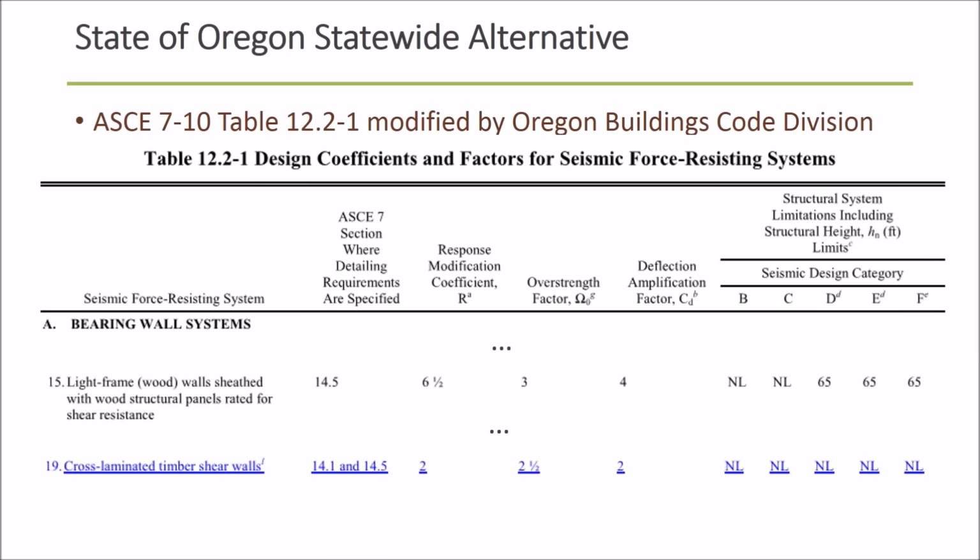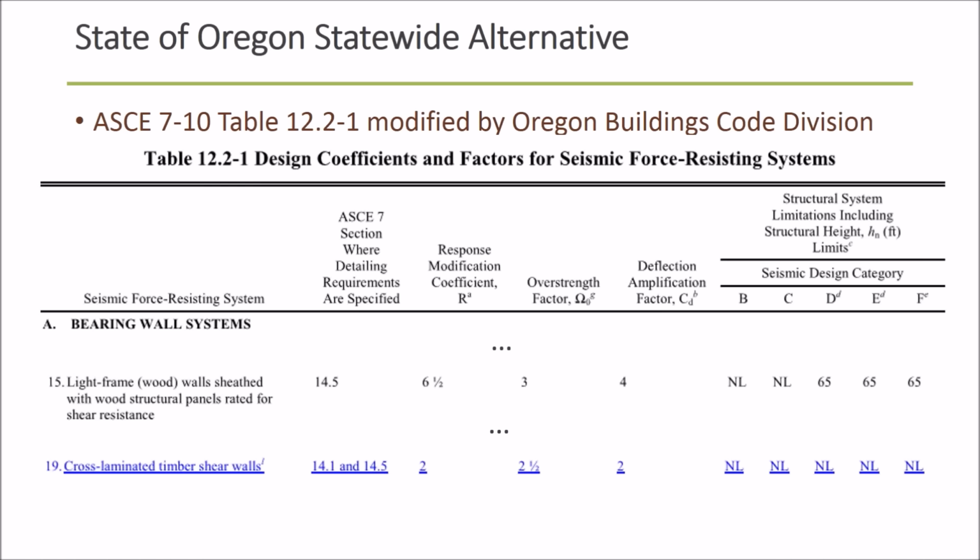So in the Oregon statewide adoption of CLT, they said, for now, while we're waiting on this research to be completed, we will approve the use of an R of 2 for CLT shear walls, which by everybody involved really is a conservative value, and the real values will be somewhat higher than that, as we hope as designers.